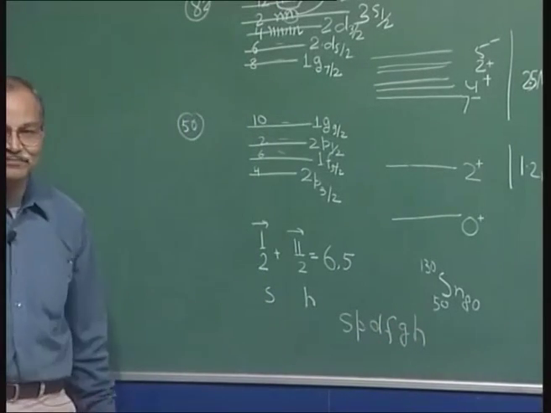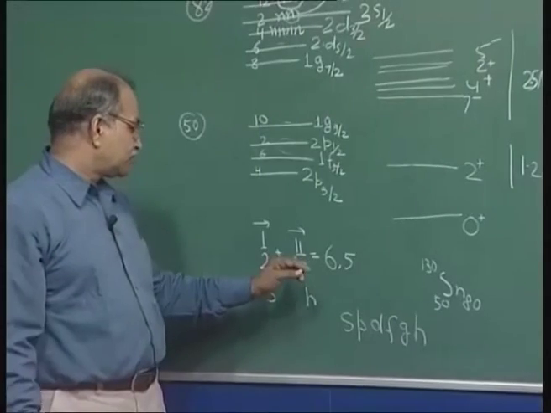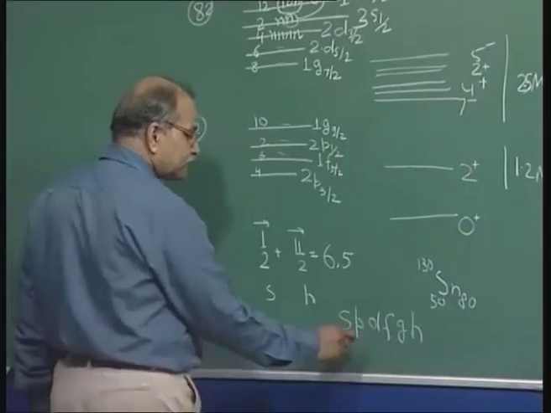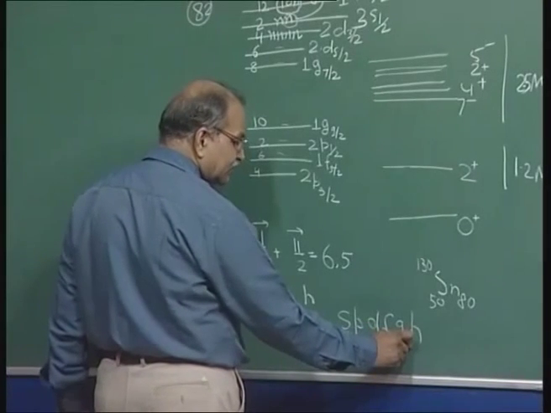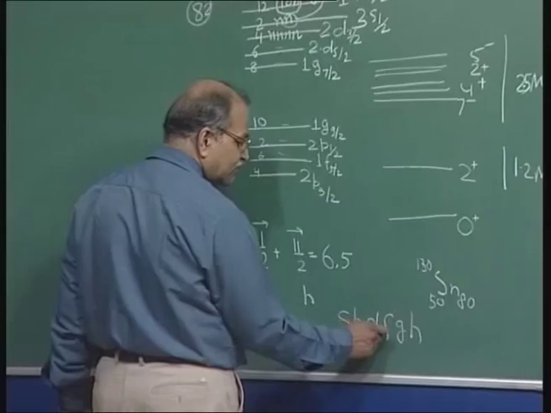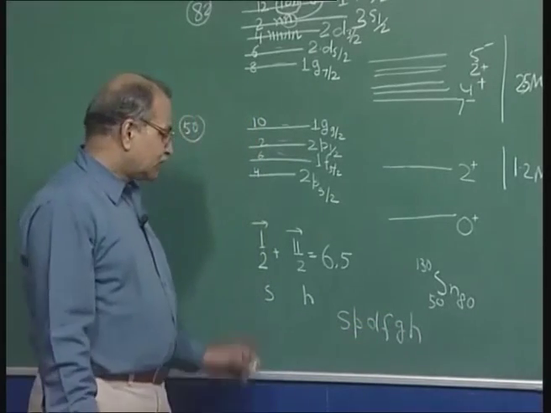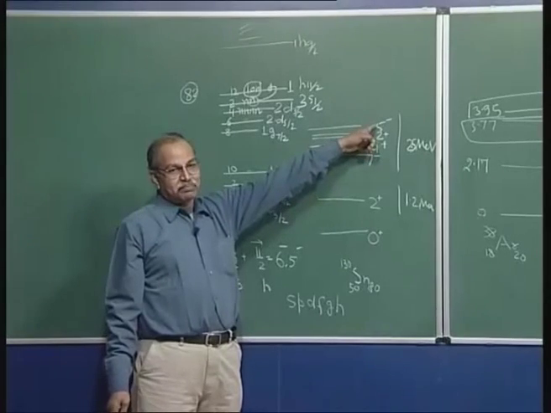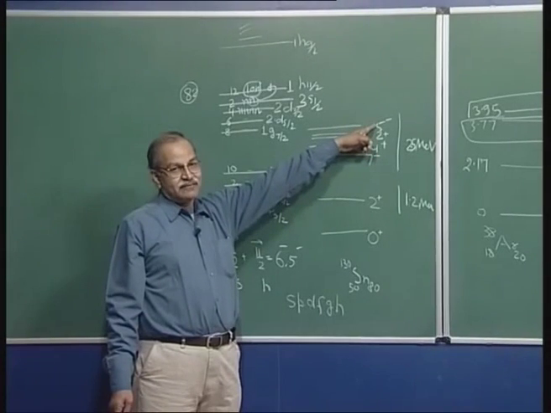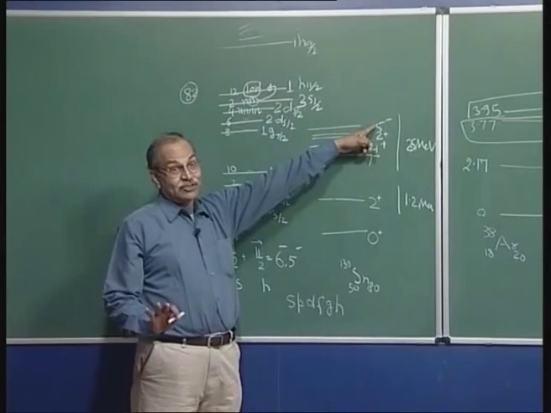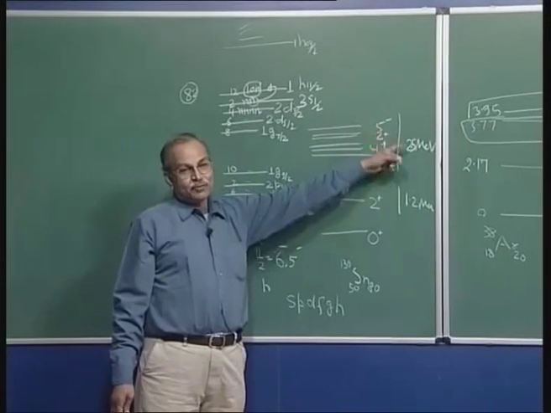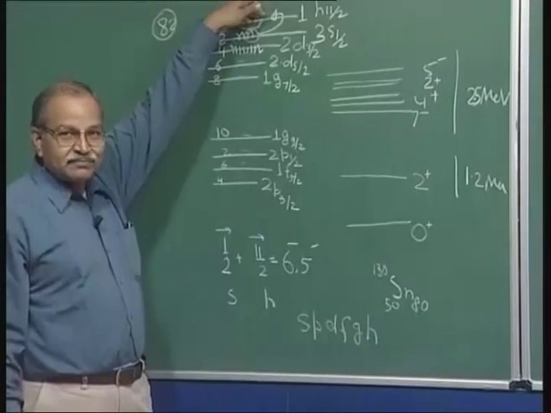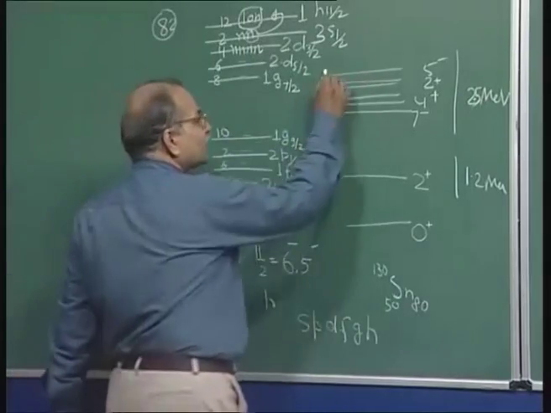Plus or minus? Parity of s is plus, parity of h, this one, minus, right, plus minus, plus minus, plus minus, and therefore the combined thing is minus. So this 5 minus is picked up, right, and the correct energy is also somewhere around 2.5 MeV. So breaking a pair and taking it up. So this 5 minus, we understand where it is coming from.